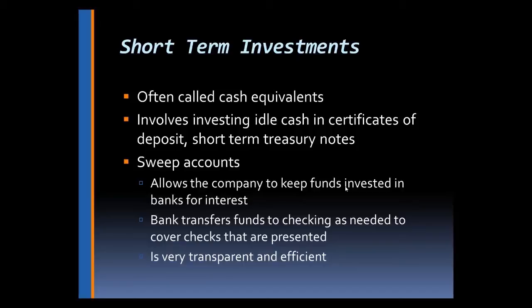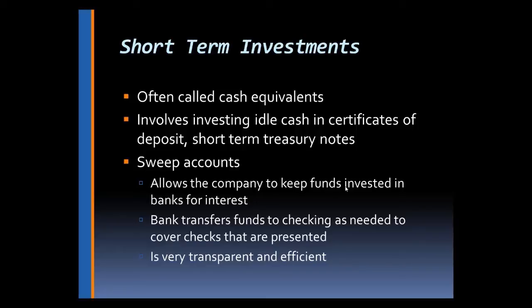So what happens is you have your cash invested in a bank for interest. The checks are presented to the bank. The bank then sweeps the checks and pulls down enough of the funds out of the invested money to pay for the checks. And at the same time, if you have more money deposited during the day than you need to pay the checks, they will sweep the excess funds back into the investment account so it can earn interest.